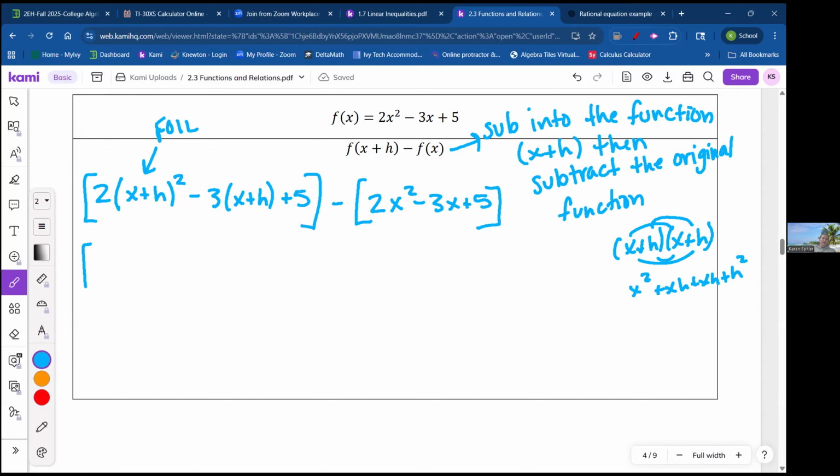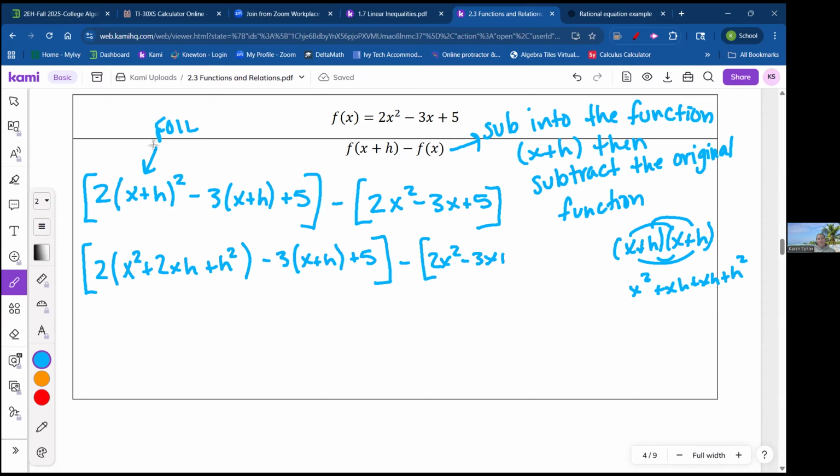So this is 2 times (x squared plus 2xh plus h squared), minus 3 times (x plus h), plus 5, minus all of this again, 2x squared minus 3x plus 5.